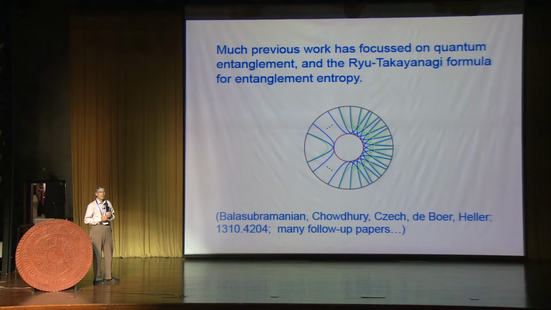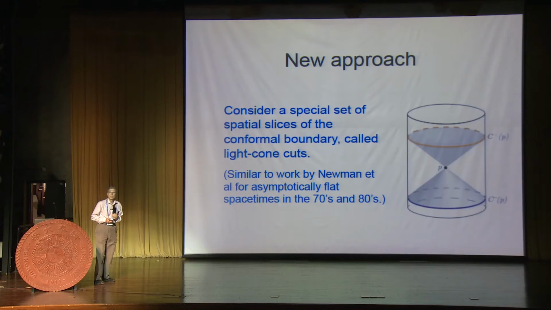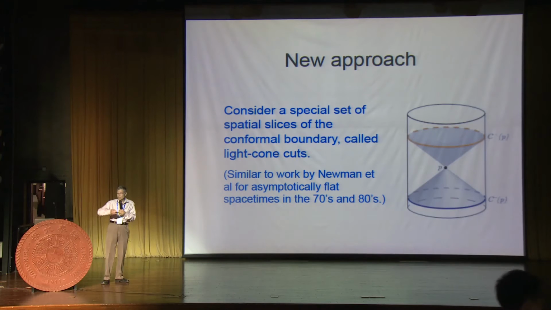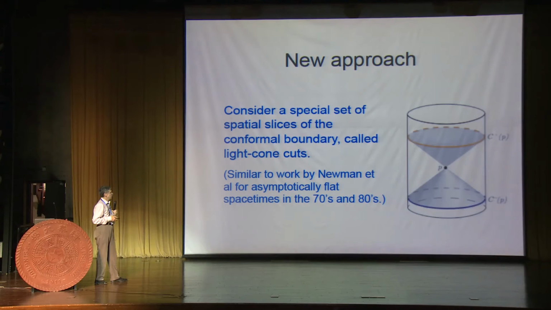So what I'd like to do today is to describe a new approach. And this new approach is based on a special set of cross-sections or cuts of the boundary of an asymptotically anti-de Sitter space-time. So, of course, given the boundary manifold, there's an infinite dimensional space of space-like slices. But if the boundary is d-dimensional, there's a preferred d+1 dimensional set of space-like surfaces coming from the past and future light cones of bulk points.